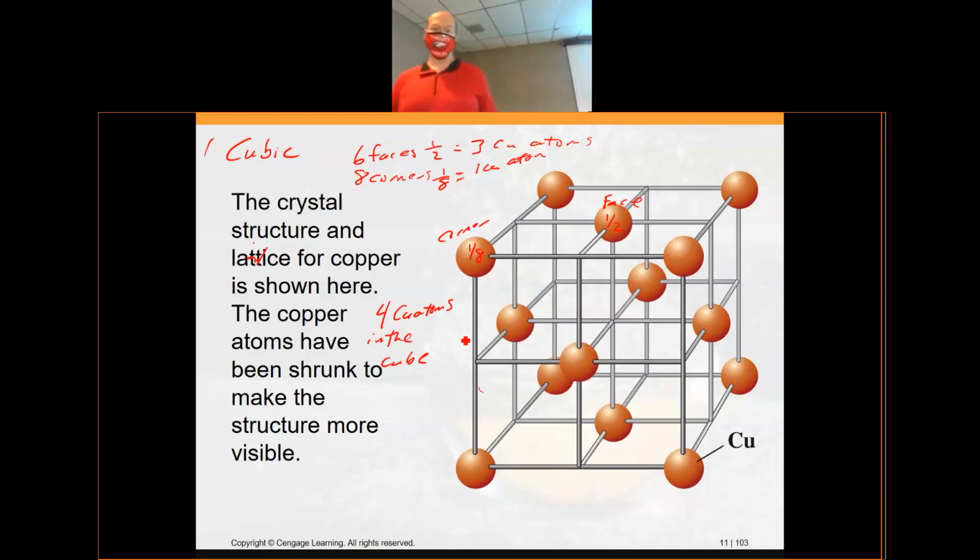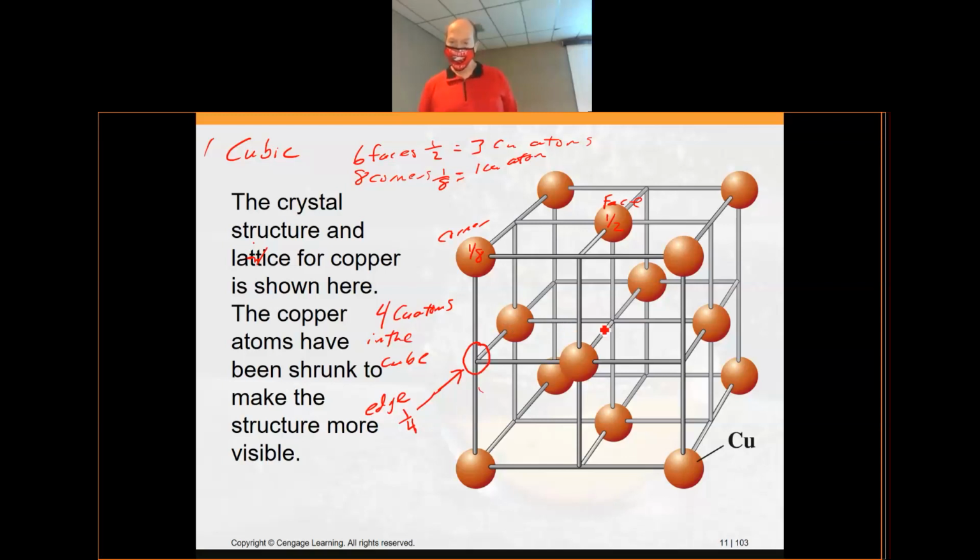All right, but your faces and your corners are not the only choice. There are 2 other choices. If we had one here, this is called an edge. If it were here, that would be an edge, and 1/4 of your atom would be inside the cube if you were on the edge.